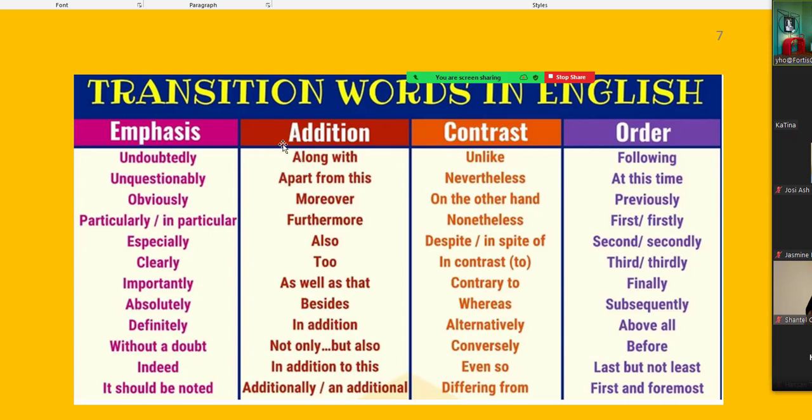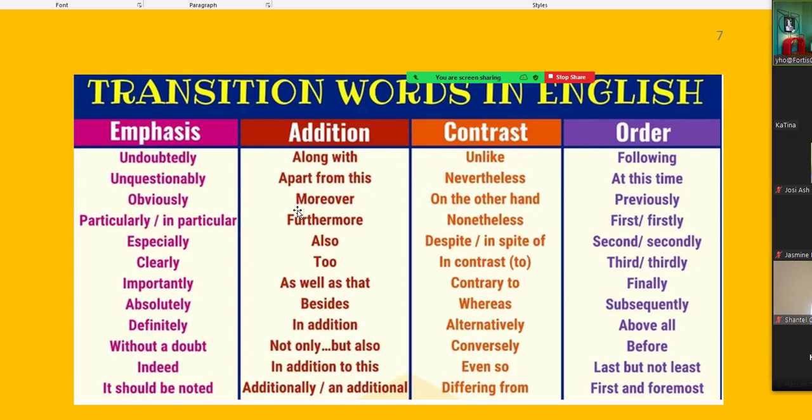Addition is another way of saying "and." All of these words are another way of saying "and." These are known as transition words of addition: along with, apart from, moreover. So if I say John likes to study and he likes to sleep in.